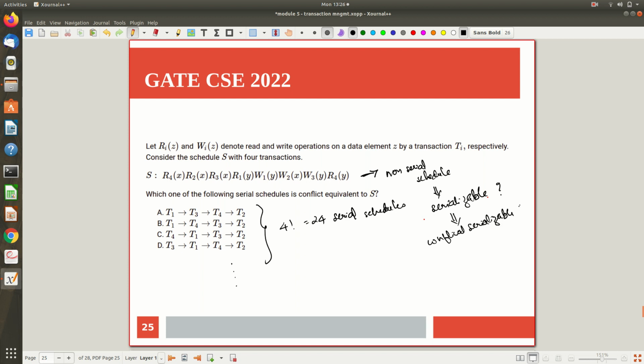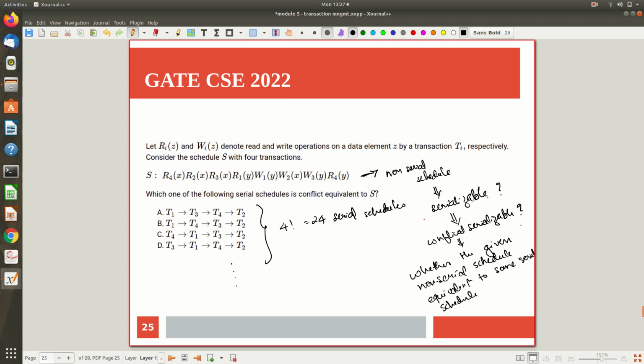Now what do you mean by conflict serializable? The question is whether the given non-serial schedule is equivalent to some serial schedule.